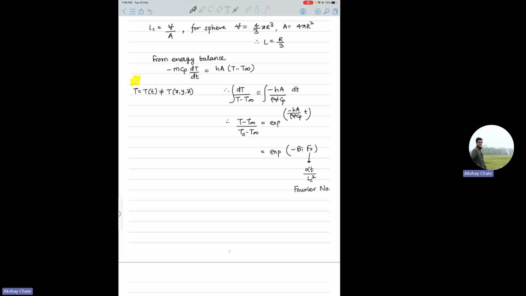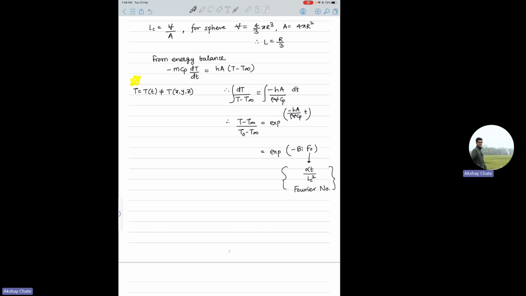This is not typically asked, but there was one GATE problem, I think recently, not long back, where they asked this. If you knew the Fourier number definition or what it represents, then you could have solved it. Otherwise, if you knew the similarity solution thing, you could also have solved it. But if you don't know, then you can't. We'll take that problem.